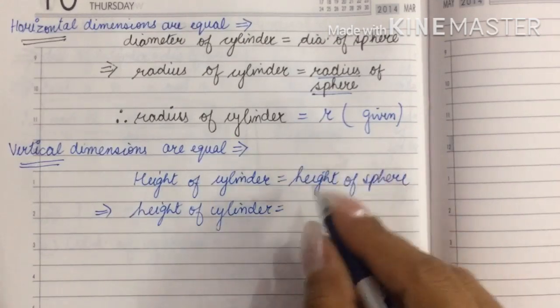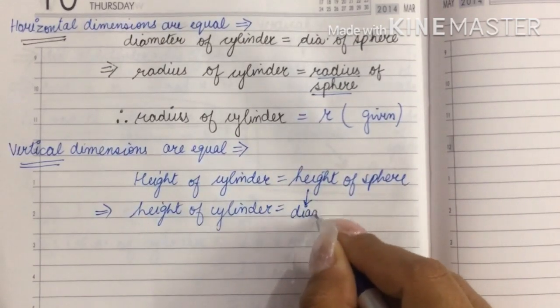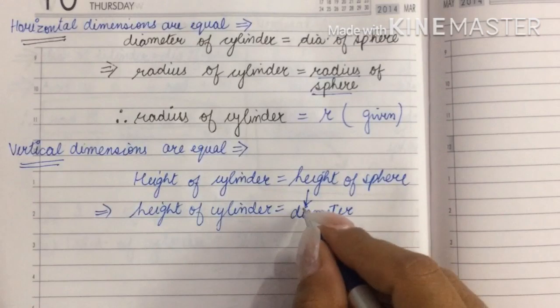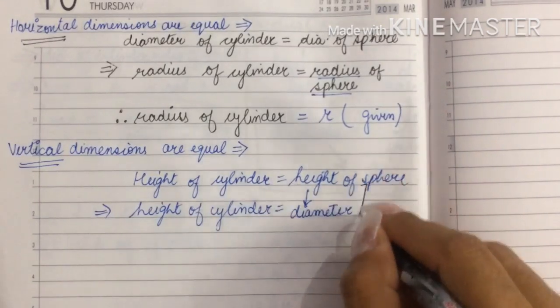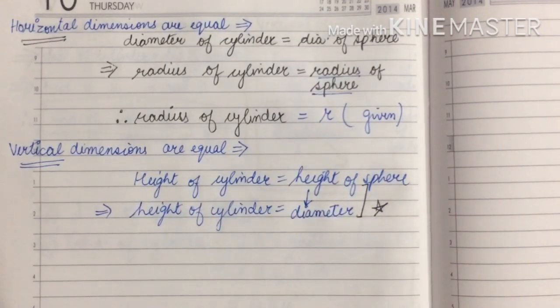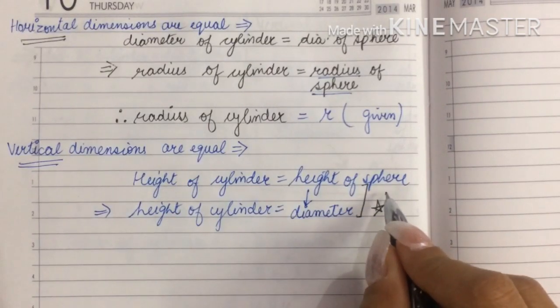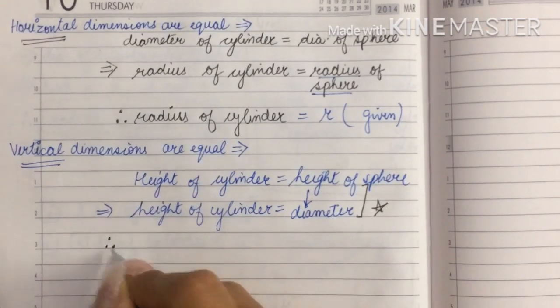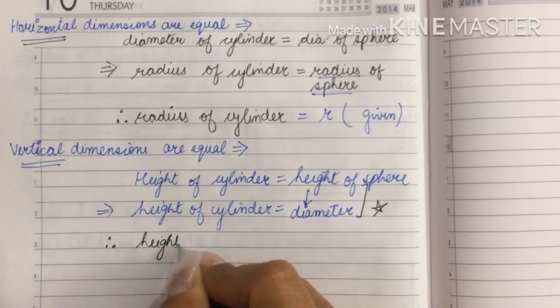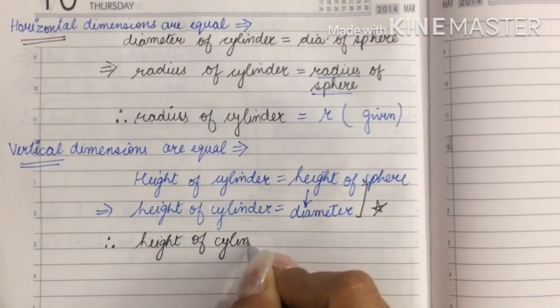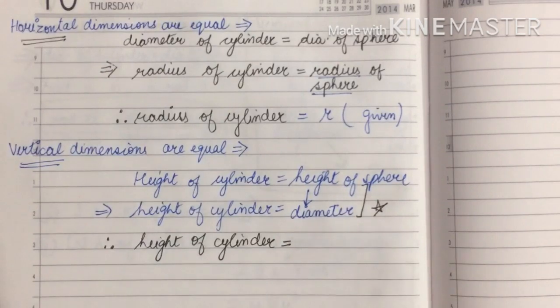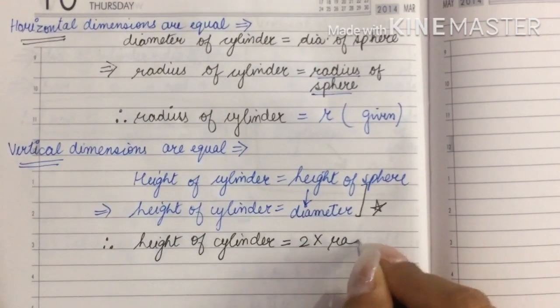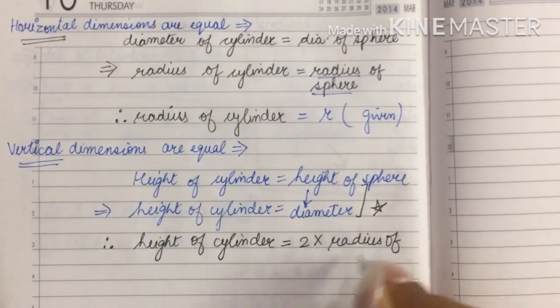The height of sphere is the diameter itself. Now this is important. If you measure the height of sphere from the base to the top, it will be equal to its diameter. Therefore, height of cylinder equals 2 multiplied by radius of sphere.